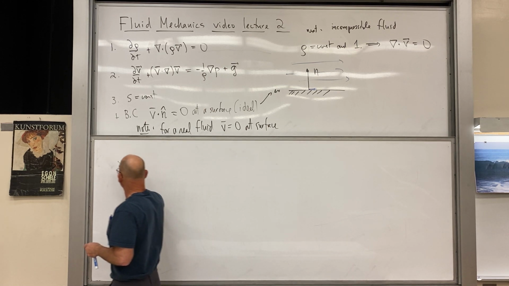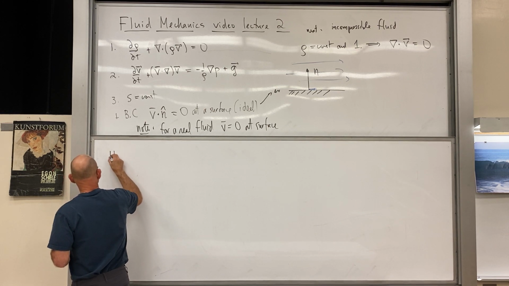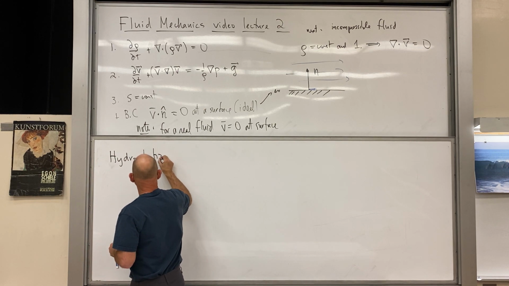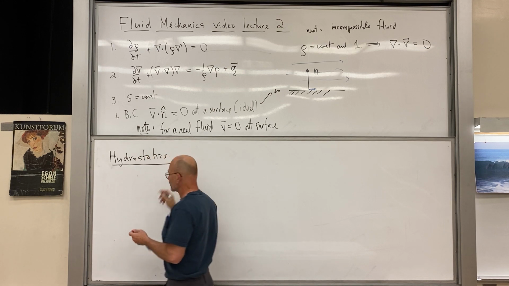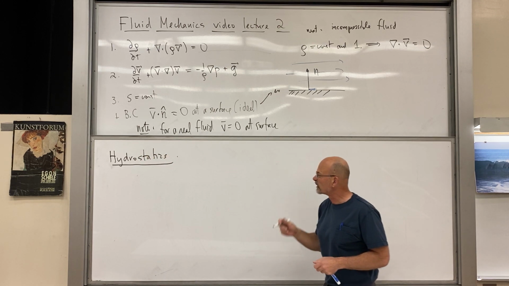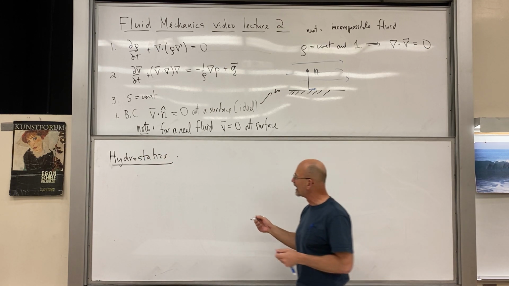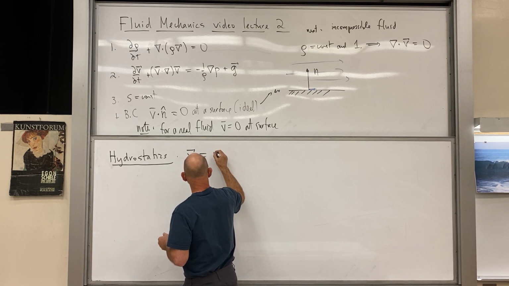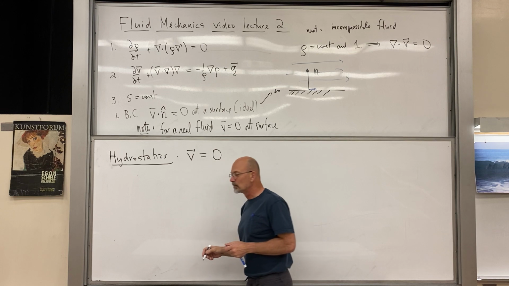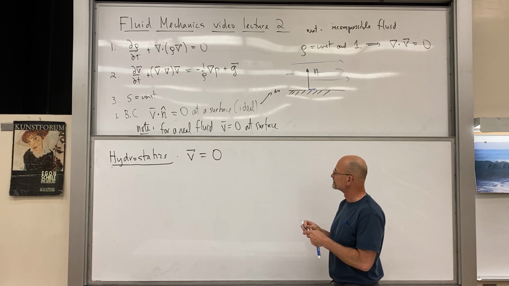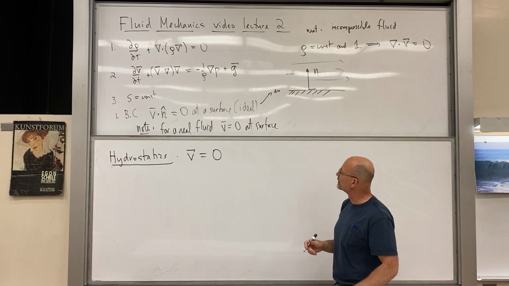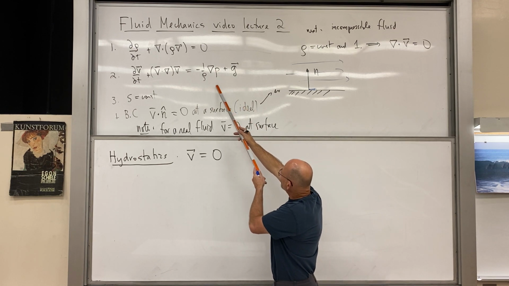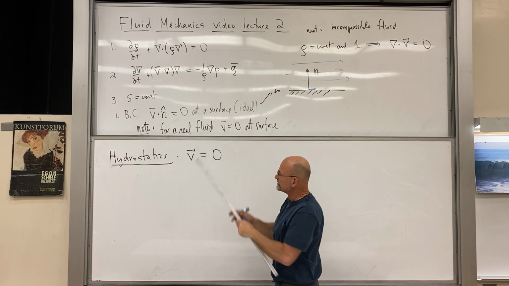Okay, so hydrostatics. We're going to start out pretty basic. Hydrostatics is when the velocity is identically equal to 0. The fluid is just in equilibrium and at rest. So v equals 0, and now we have the right side of this equation.